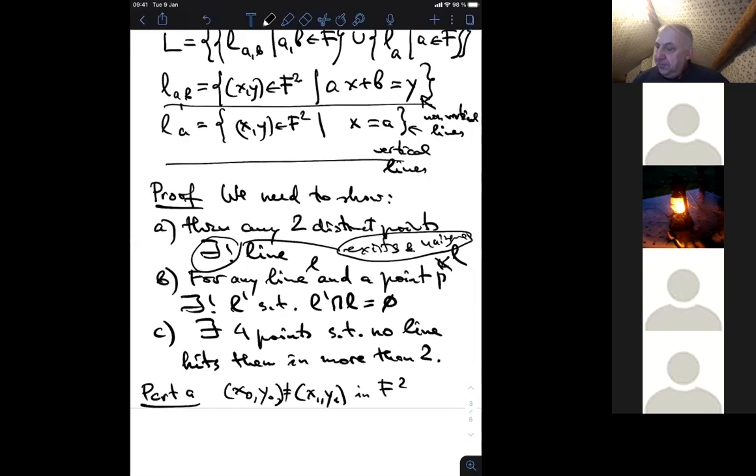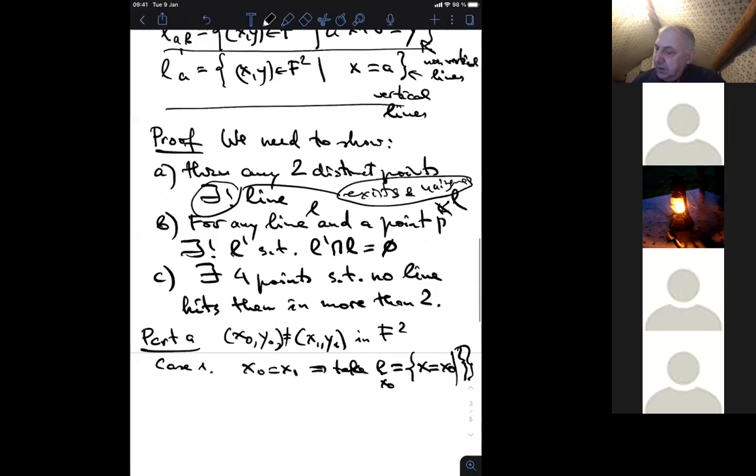So when we have this, now we check. There are 2 subcases. Case 1, x0 equals x1. Then take L given by x equals x0. So if we look at the line of the second type, such that the x coordinate is a given number, then it contains both points, of course.